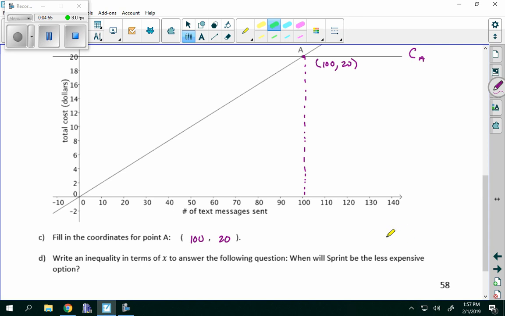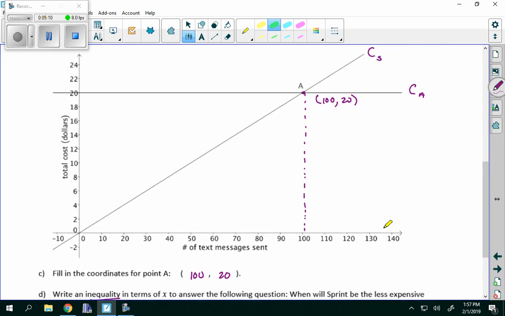Part D asks us to write an inequality in terms of X to answer the question: when will Sprint be the less expensive option? Looking at the graph, anytime I'm below $20, the horizontal line, Sprint is the cheaper plan.